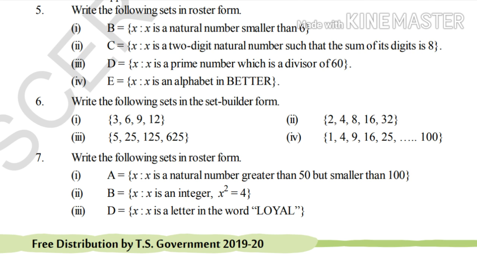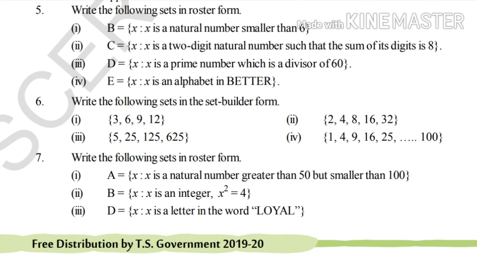C is a set of all elements x such that x is a two-digit natural number such that the sum of its digits is 8. What he says is, if you add the two digits, you should get 8.